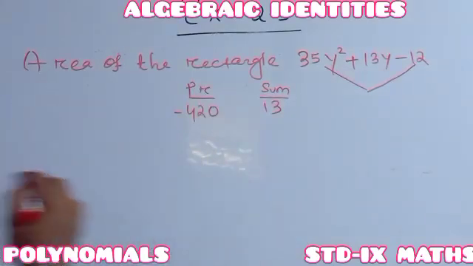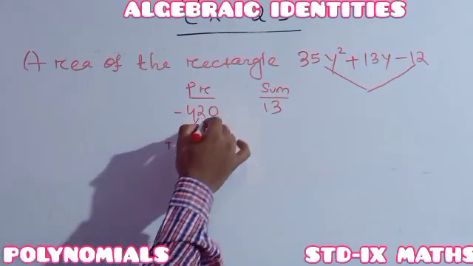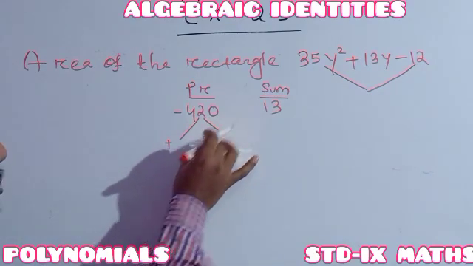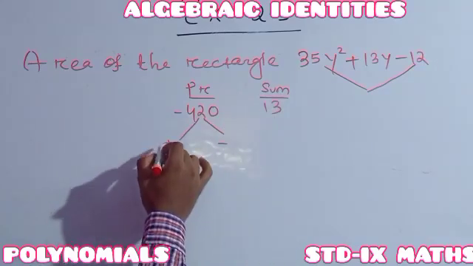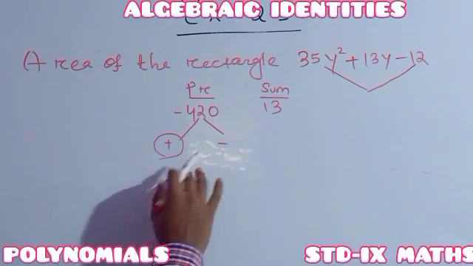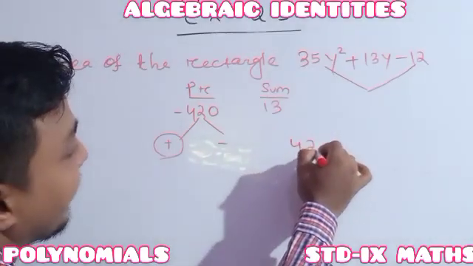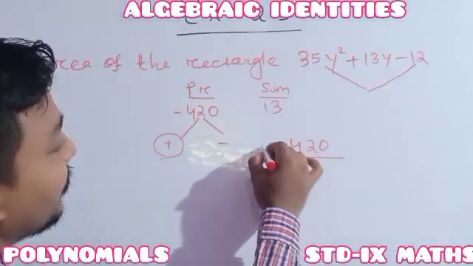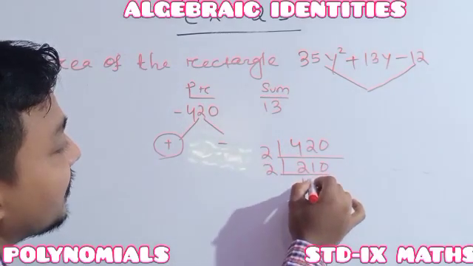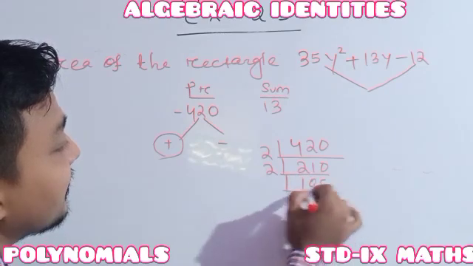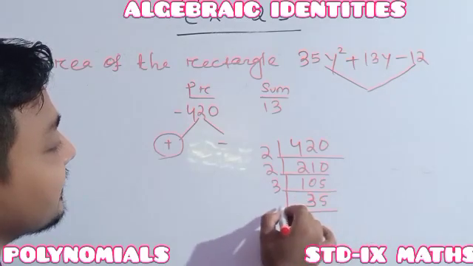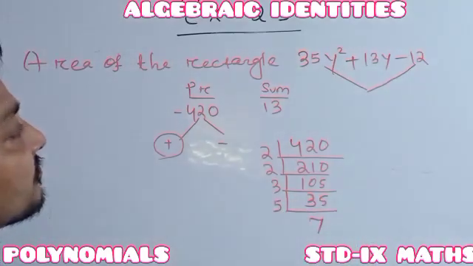See, product is negative means one is positive, another one is negative. But whenever we add, the sum will be positive. It means the greater one should be positive. So the shortcut trick is, we have to factorize the 420. See, 2, 210, 2, 105, 3, 35, 5, 7.